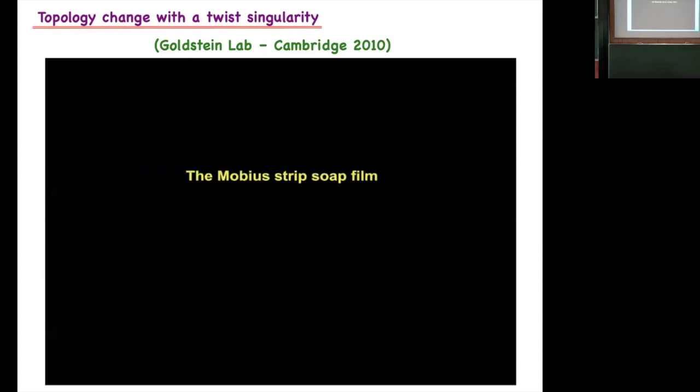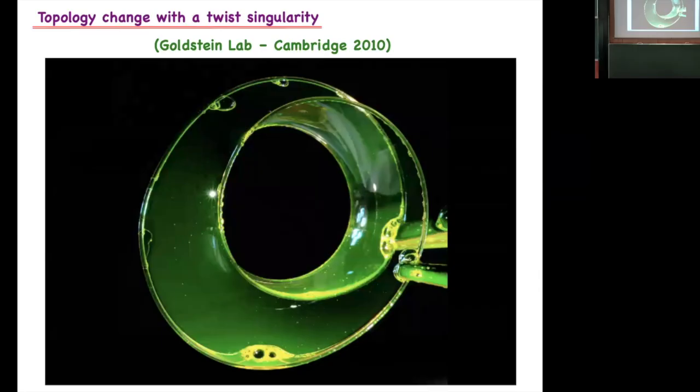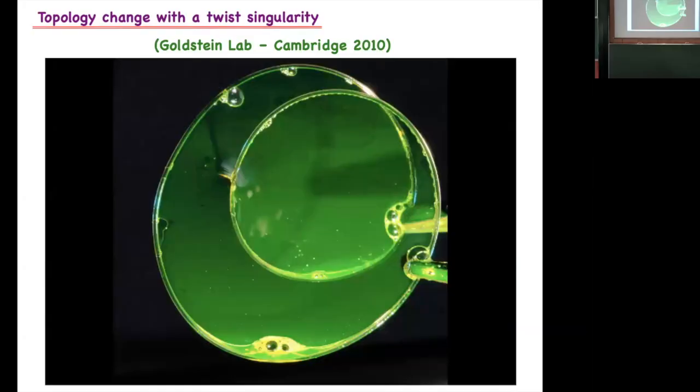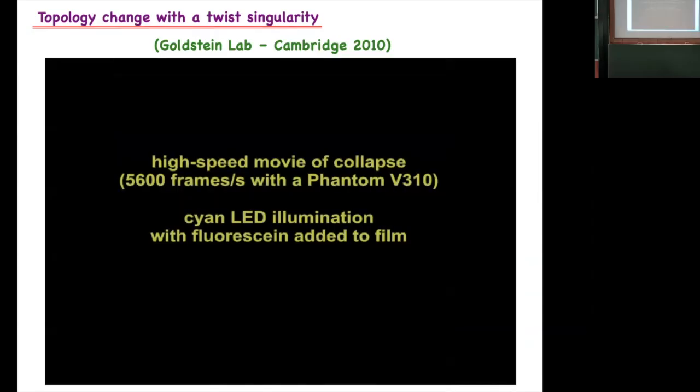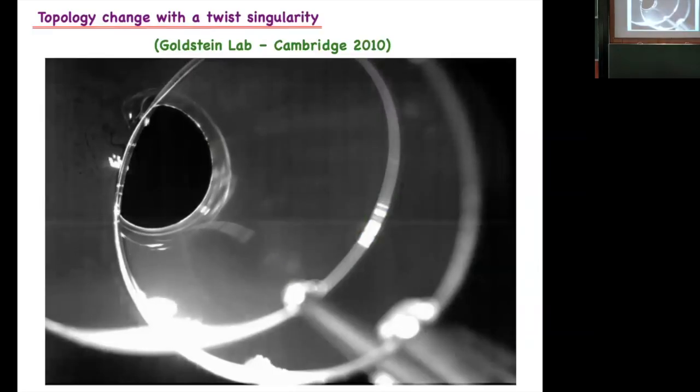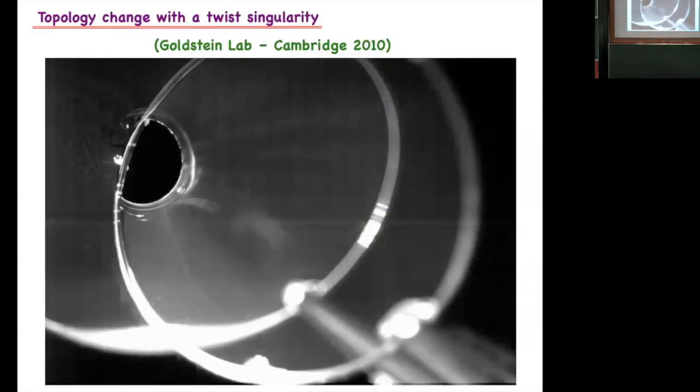The Mobius strip soap film, first of all, is the green stuff. You see, these are the sticks to control. And after the topology transition, look, the hole goes away. You have tiny bubbles here and there. And now you see in motion what's going on.